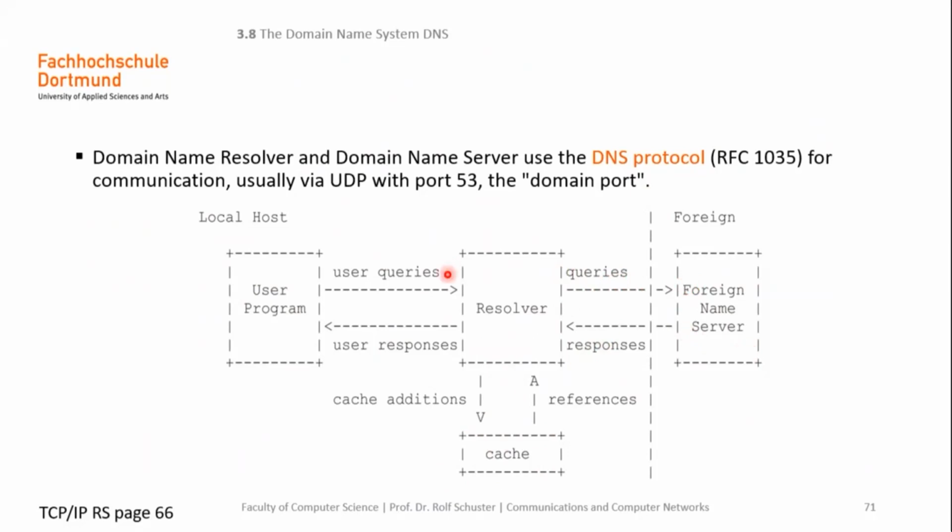Remember that in that case, this lookup is performed typically over UDP, and the reserved port on the side of the name servers is port number 53.